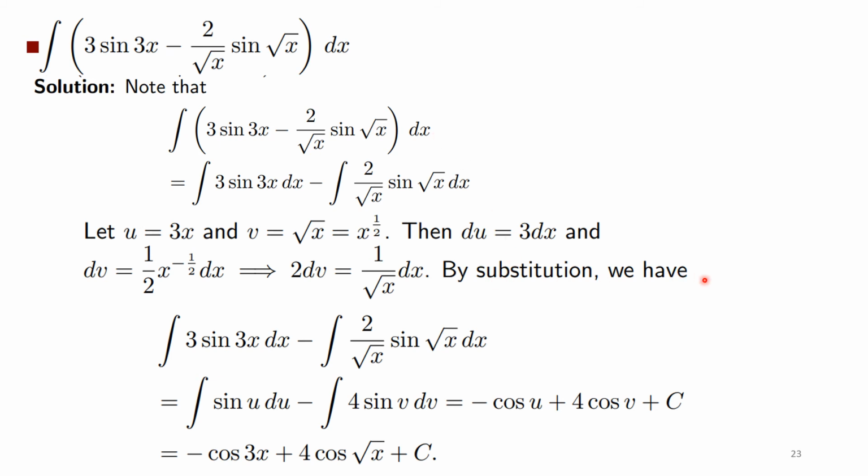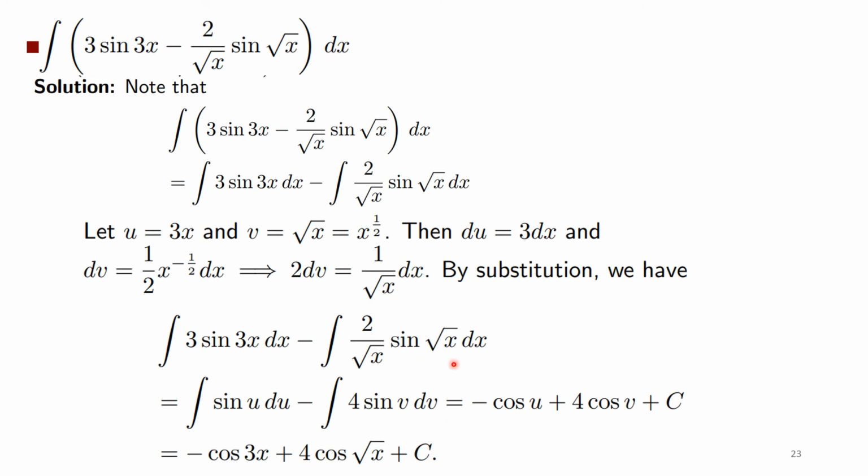So by substitution, we have the original one, 3 sine 3x dx, minus the integral of 2 square root of x sine square root of x dx, which will now become sine of u du. Because our du is 3 dx, and our u is 3x, so we have sine u du, minus the integral of 4 sine v dv.